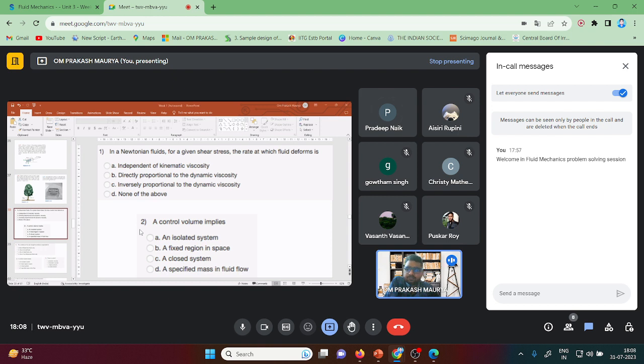The first question is: in a Newtonian fluid, for a given shear stress, the rate at which the fluid deforms is: first option, independent of kinematic viscosity; second, directly proportional to the dynamic viscosity; third, inversely proportional to the dynamic viscosity; and the last one, none of the above.